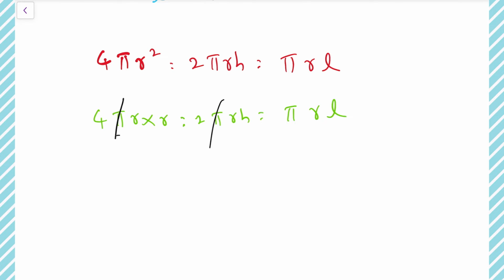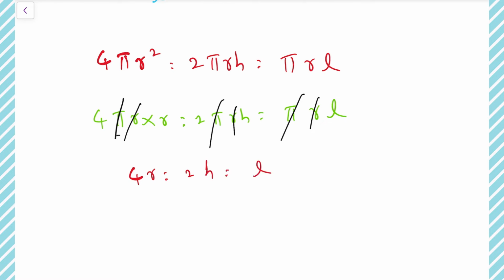Pi will get cancelled. Radius will get cancelled. Here he clearly mentioned in the question that all three figures have the same radii. That is the only reason I am cancelling this r. Otherwise you should not touch those. 4r is to 2h is to L.